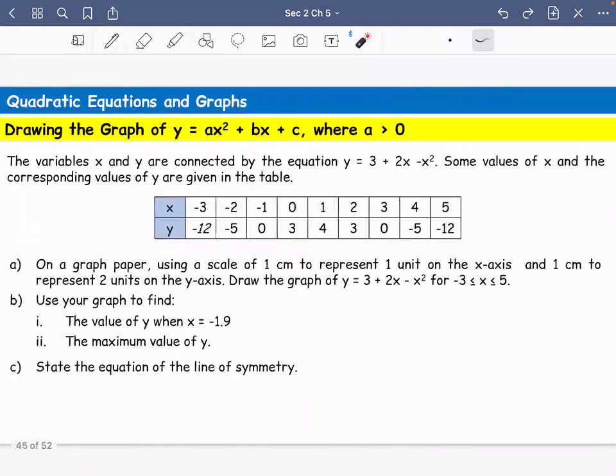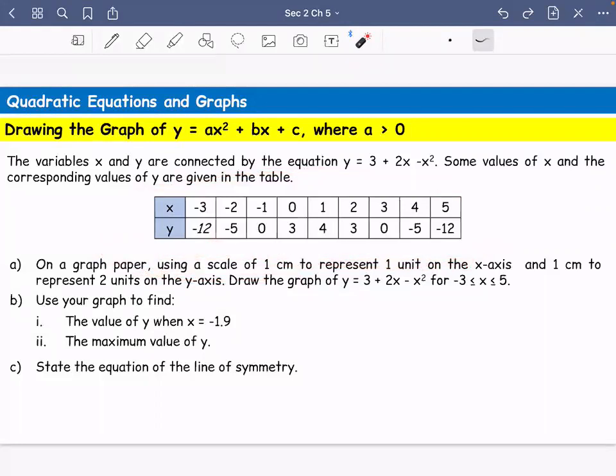The variables x and y are connected by the equation y is equal to 3 plus 2x minus x squared. Some values of x and the corresponding values of y are given in this table. Our table is complete, so it's not asking for a missing value or point.